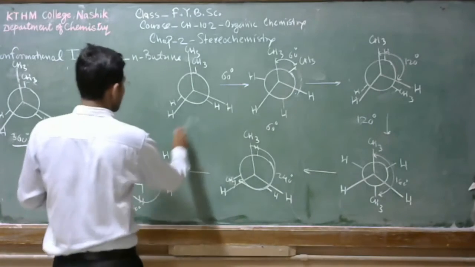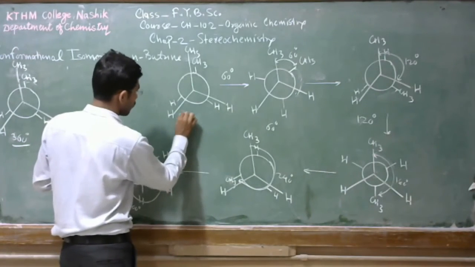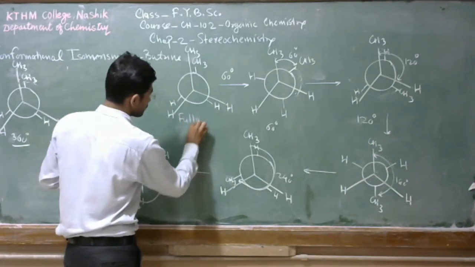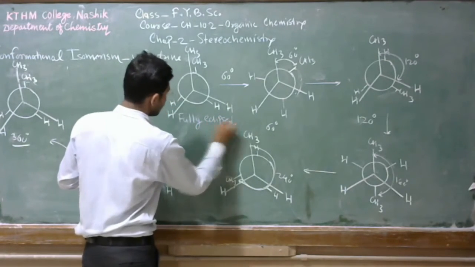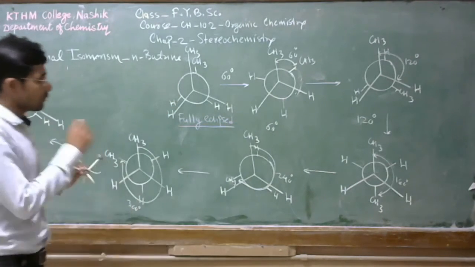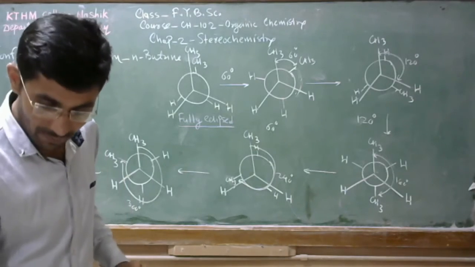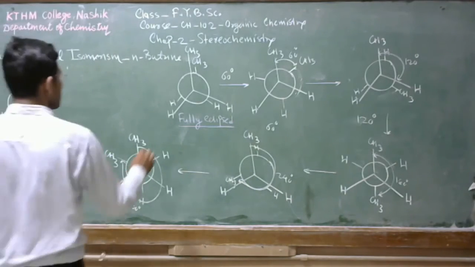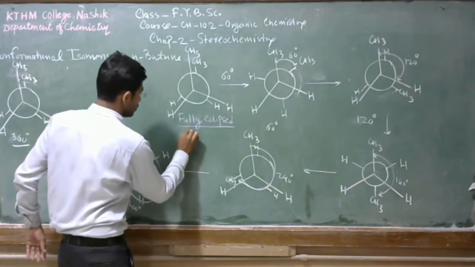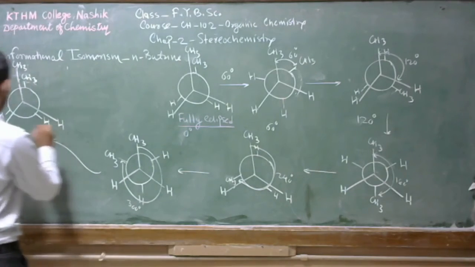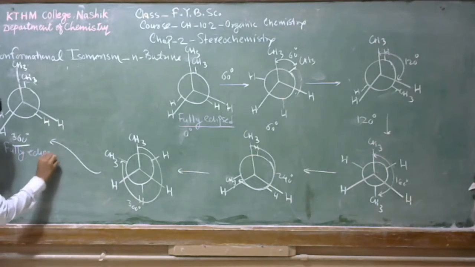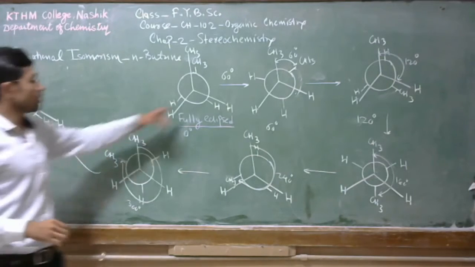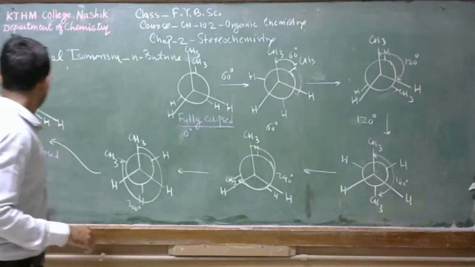So first is the fully eclipse conformation. This is the first conformation, and it is possible for angle 0 degree, also for 360. We can observe the same conformation, the fully eclipse conformation, for angle 0 and 360.